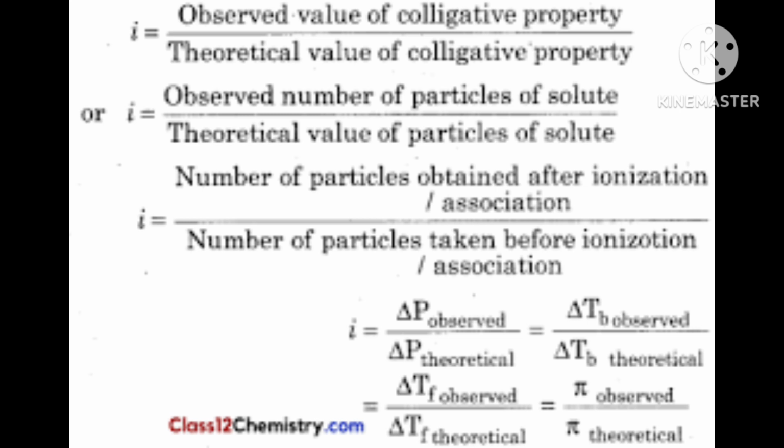Today I am going to discuss abnormal molar mass. We have seen that in solution, if you want to calculate the molar mass of solute, then generally it will come out exact.